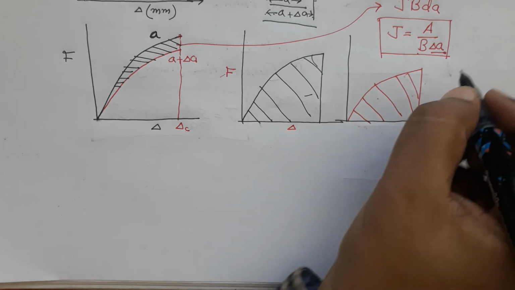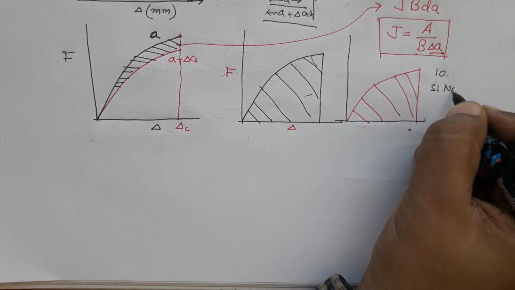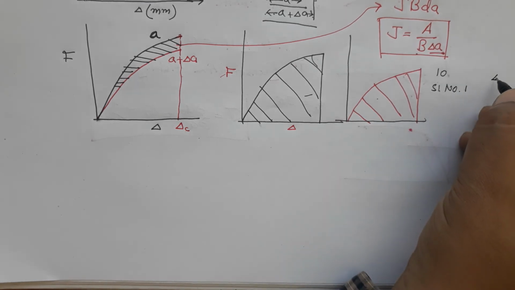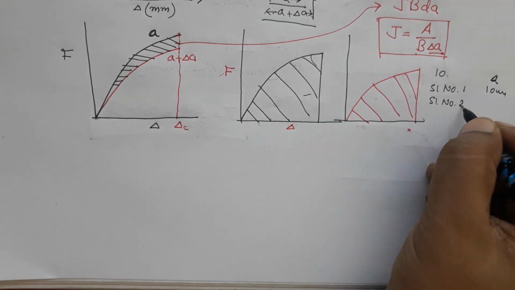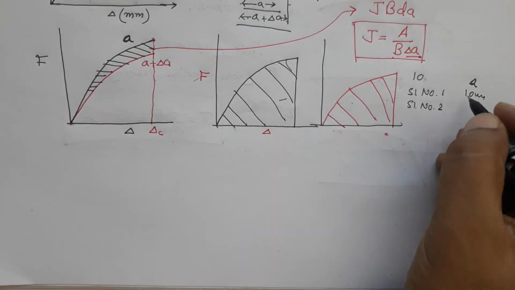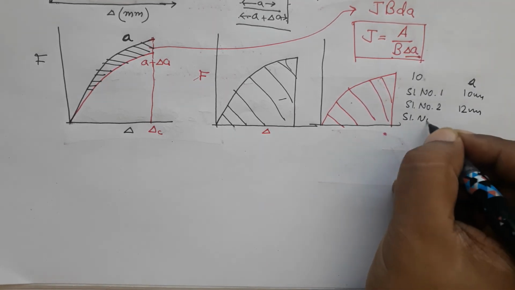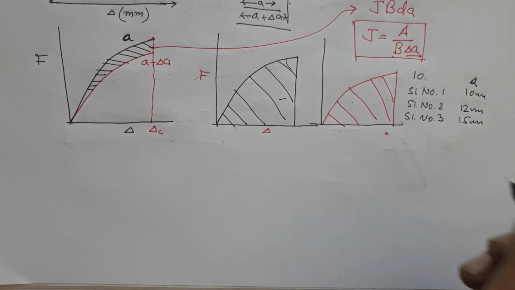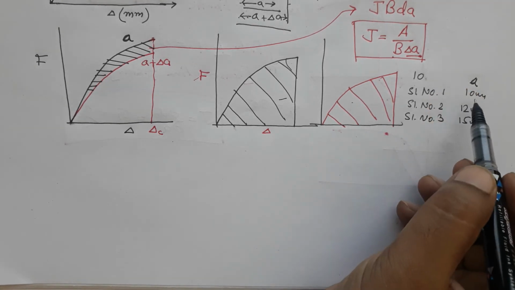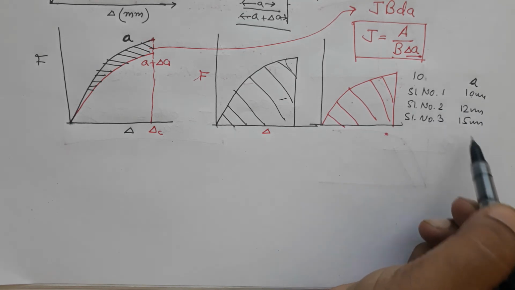We will make 10 specimens, right, and specimen number 1 will have an initial crack length of, let us say, 10 mm. Then we will take specimen number 2 and do it at, let us say, 12 mm, and then specimen number 3 at 15 mm, and so on, and we will have the J integral value for different crack lengths.